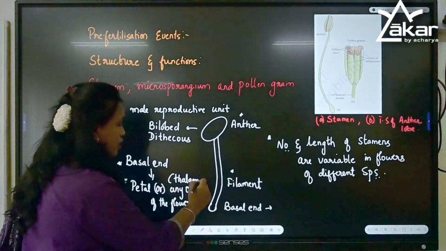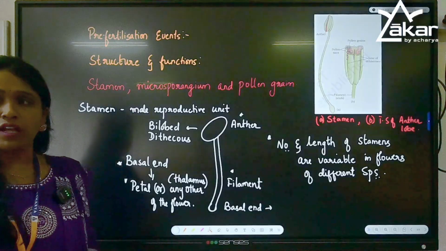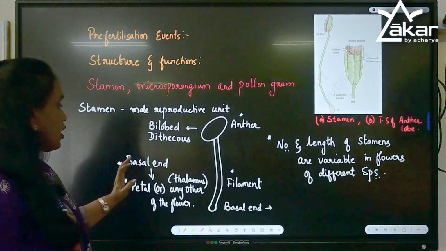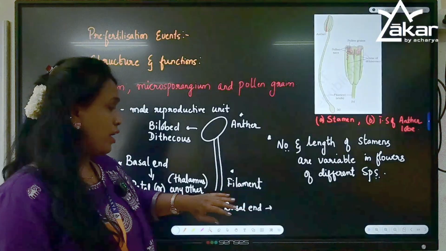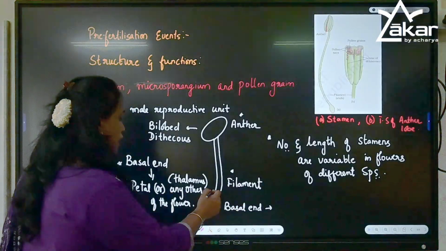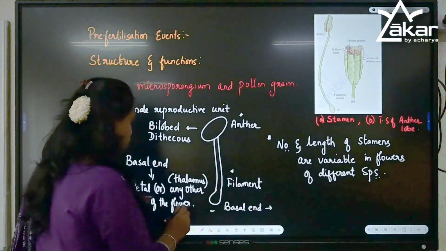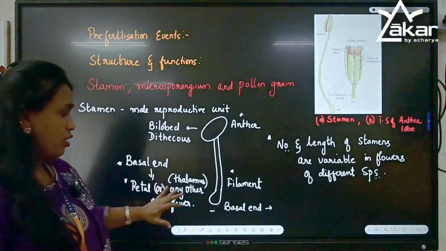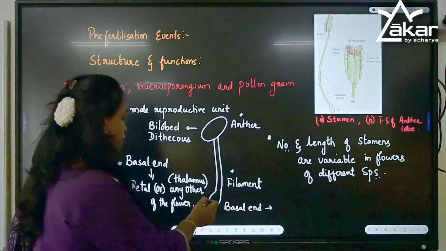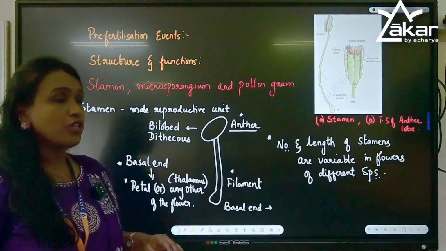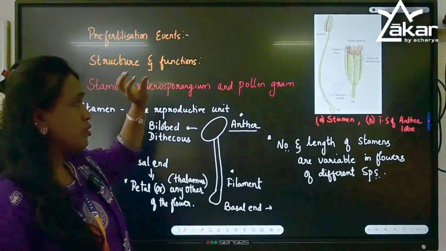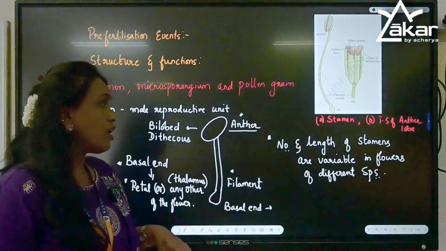As I told, we can write it in brackets, thalamus. Next, the distal end. If this is the basal end or proximal end, why proximal? Because it is present near the floral parts. Now if we talk about the distal end, what is present? An anther. It is where our microsporangium is present and pollen grains are produced.